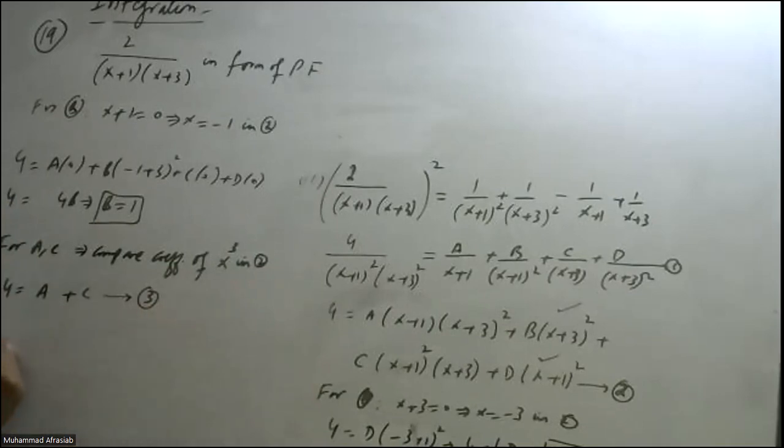For coefficient of x square, compare the coefficient of x square on both sides. Then our constants on both sides.